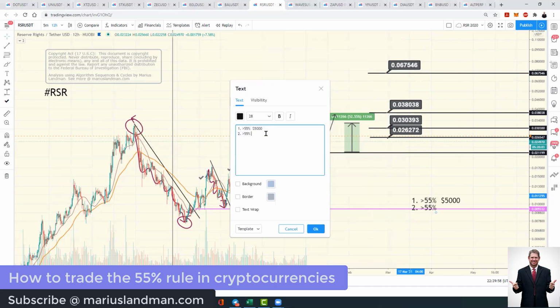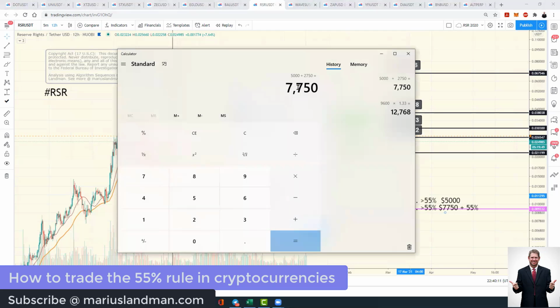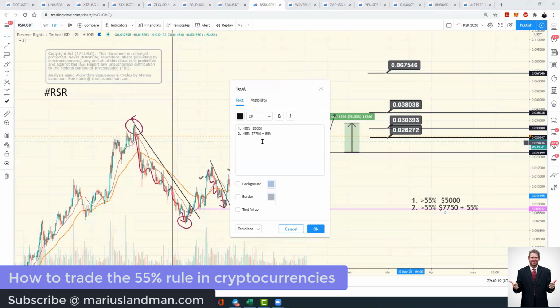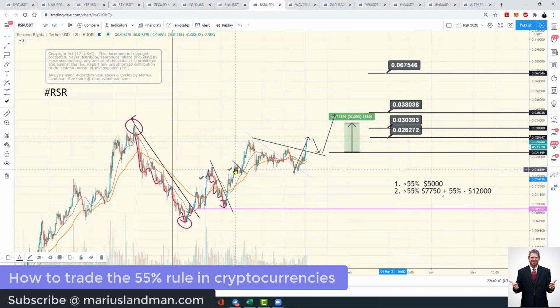So here we start with 7,750 plus we made another 55%. 7,750 plus 55% gives you 12,000. Let's just round it off and say $12,000. So now you have $12,000.